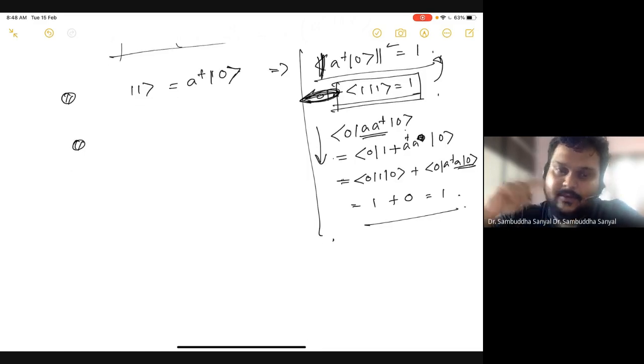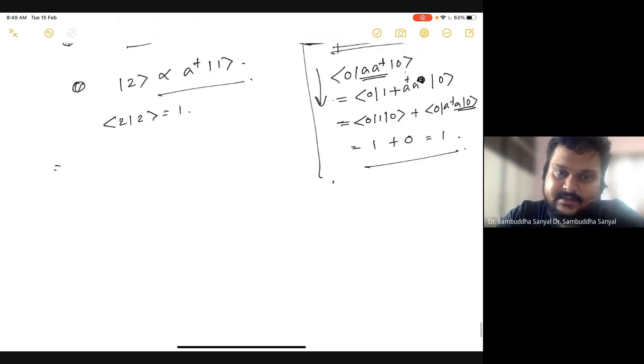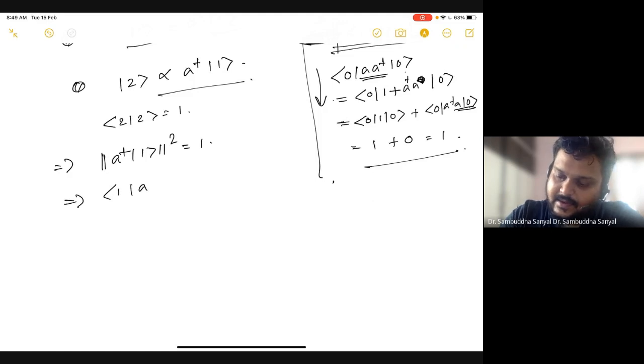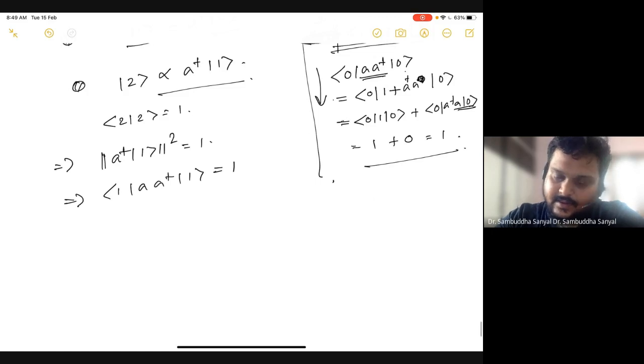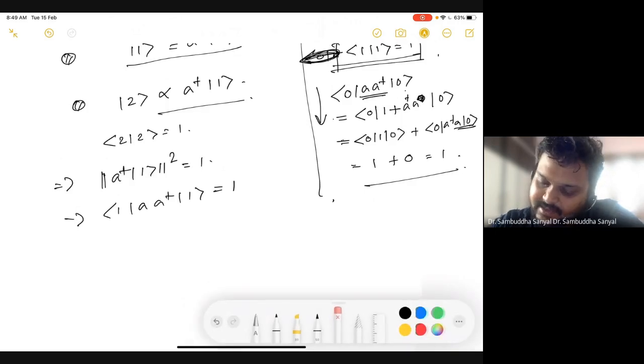Let's see one more example, then you will understand. Let's say I have a state 2, which is a dagger 1. I don't know yet what the factor is. Now I demand this, and let's see where that demand takes us. It means the mod of a dagger 1 squared is equal to 1, which means 1 a dagger 1. I want to evaluate this quantity; I don't know it yet, and I will see what I have to do to fix that.